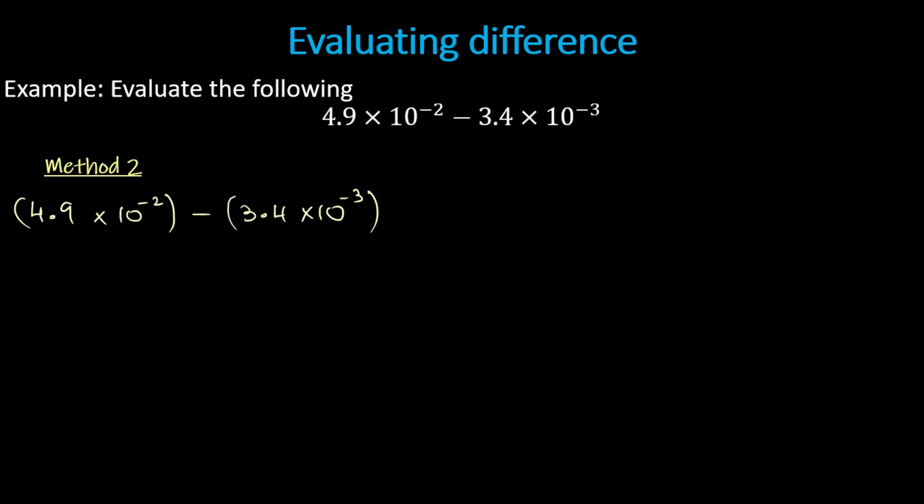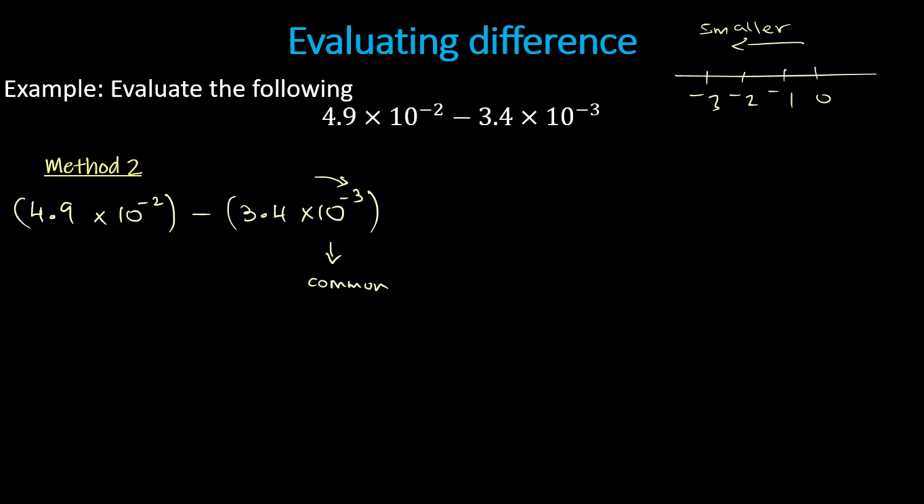Always the smallest power is common, and here the smallest power is negative 3, because we have said from the number line when we go to the left on the number line, the number gets smaller and smaller. So negative 3 is smaller compared to negative 2. So 10 power negative 3 is our common factor here.